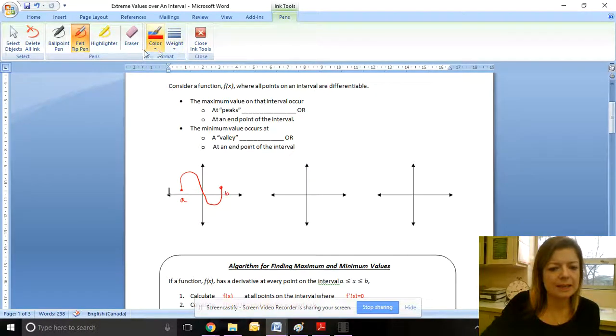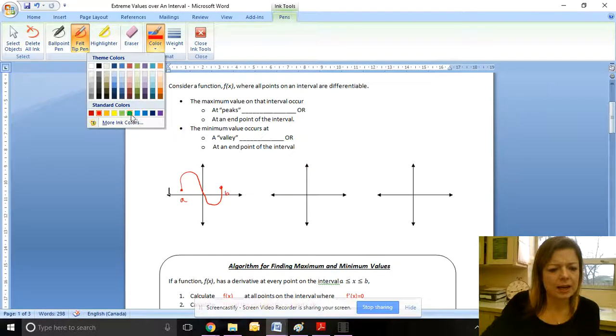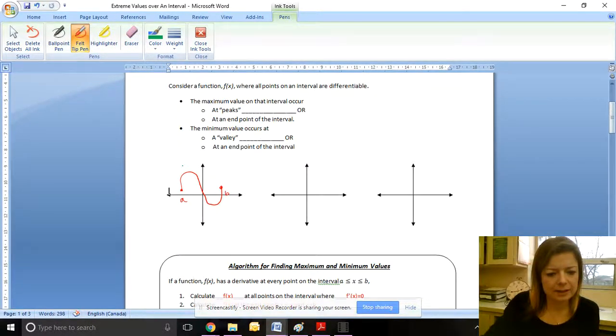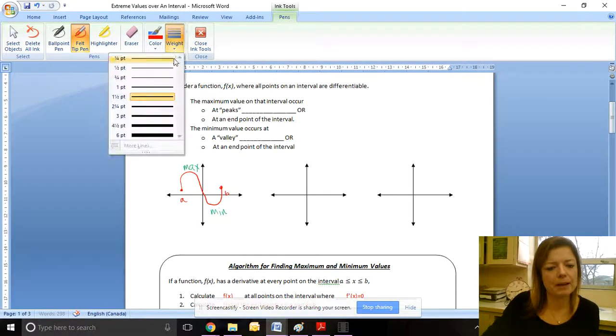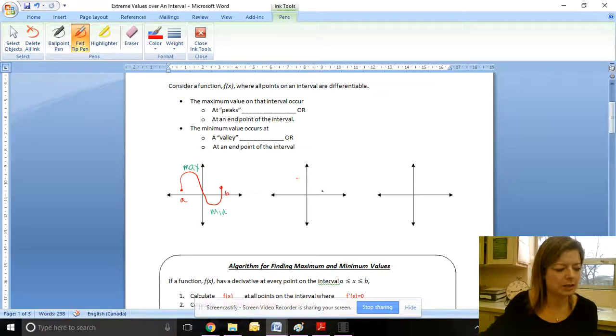And you can see that in this example, our max happens here, where the derivative is 0, and our min happens here, where the derivative is 0. So cool, maybe that's what you were thinking of. But how about this situation?